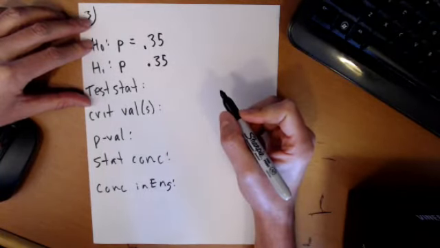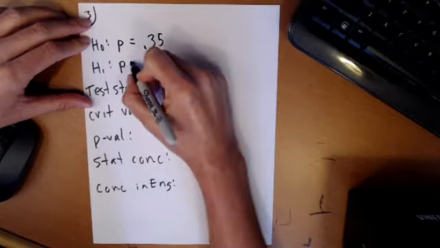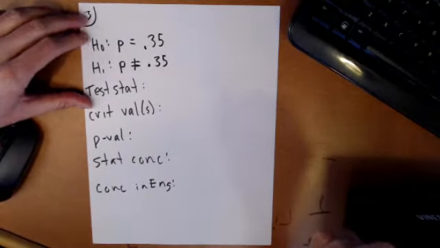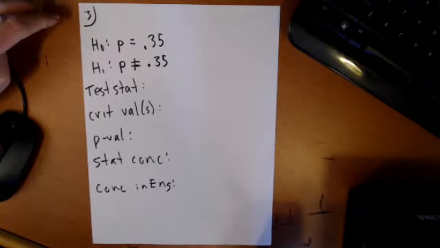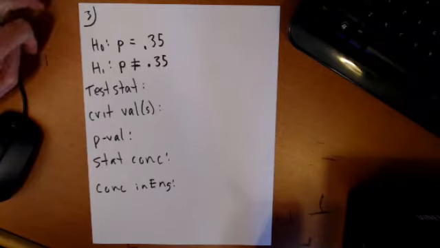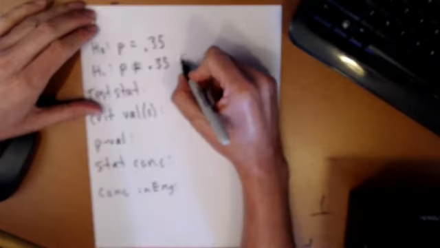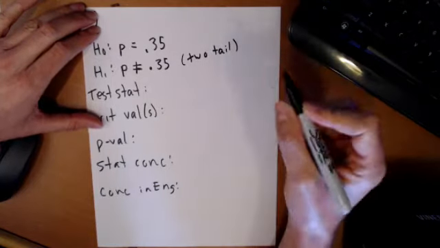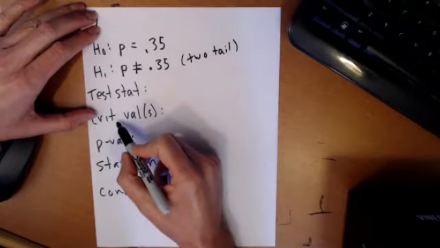They say different, we think it's different, so does not equal. When it was a less than or a greater than, we called that a one-tail. With this symbol, we call this a two-tail test. That'll make more sense as I get into the critical values.